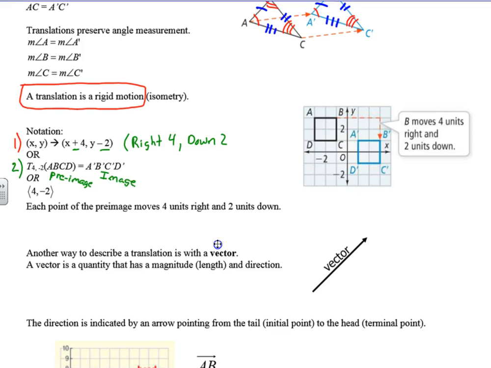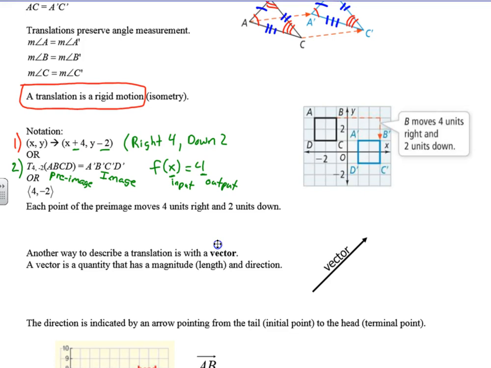That's a little bit like the function notation that we see in algebra, f of x equals something. The idea from algebra is that this is the input here and this is the output. So input, output, that type of concept from algebra.